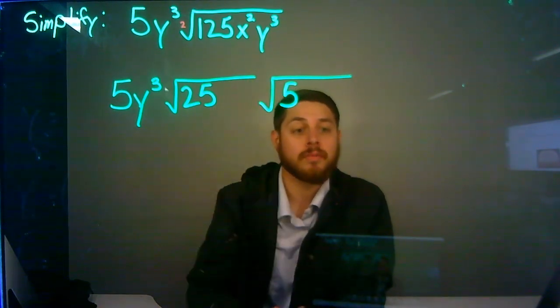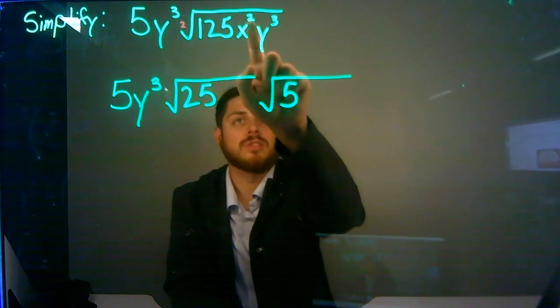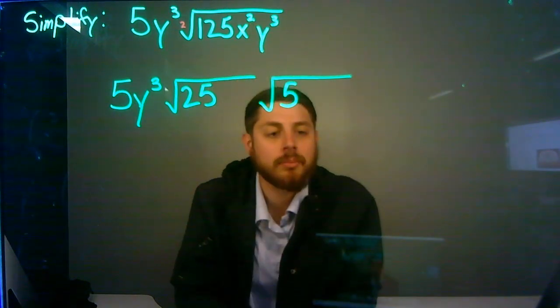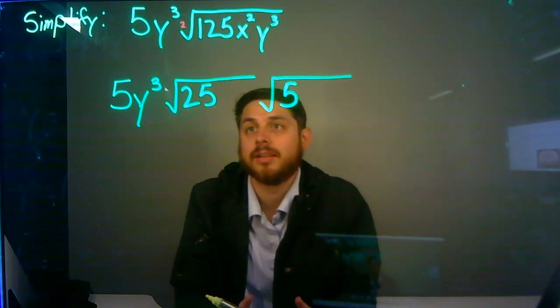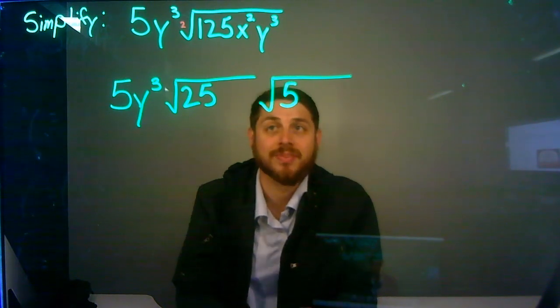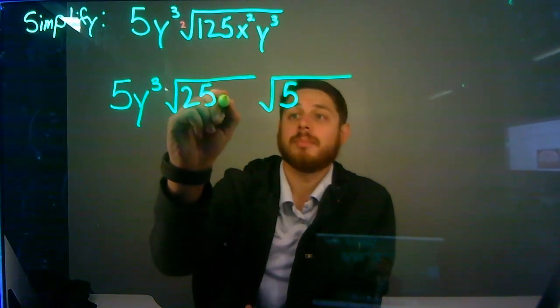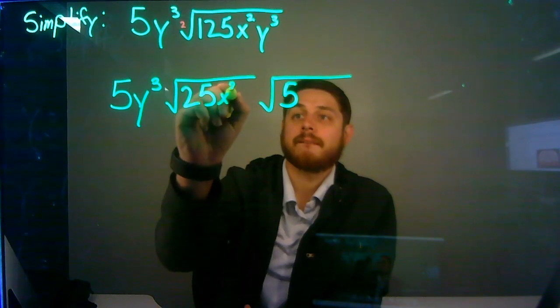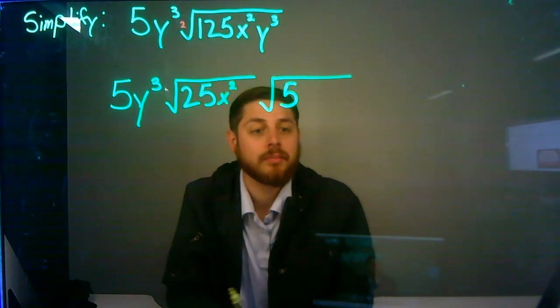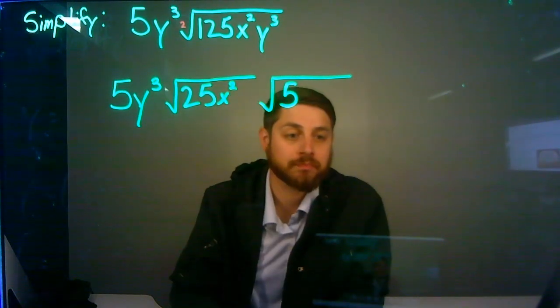And I'm going to move on to the variables. Is 2 a multiple of 2? Yes. That means that x squared can go right there because 2 is a multiple of 2.